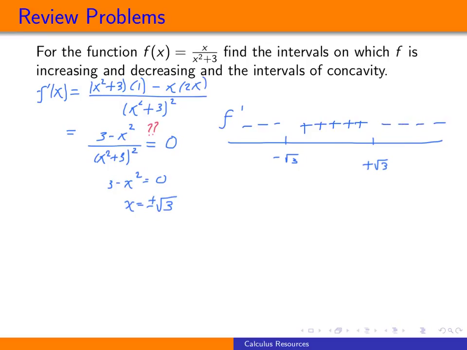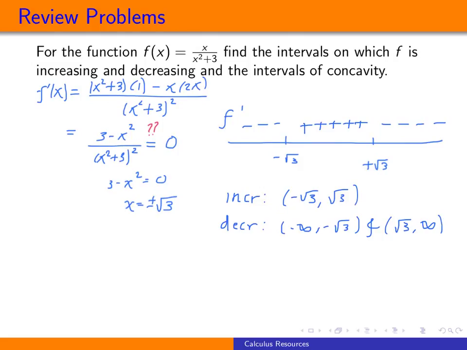So whenever that first derivative is positive, our function is increasing. So we are increasing on the interval minus root 3 to positive root 3. Wherever that first derivative is negative, we will be decreasing. So we're decreasing from minus infinity to minus root 3 and positive root 3 to positive infinity.